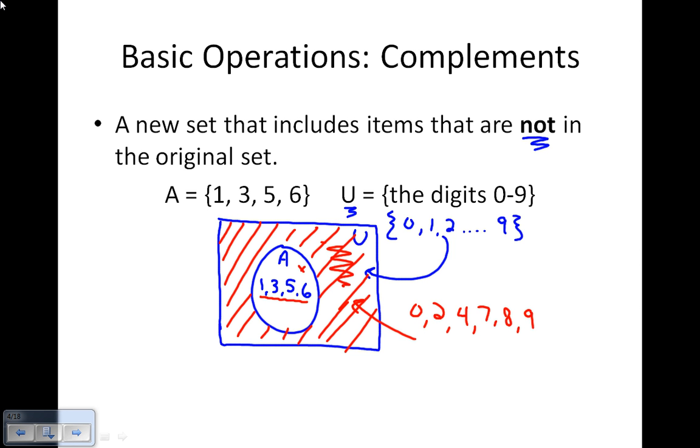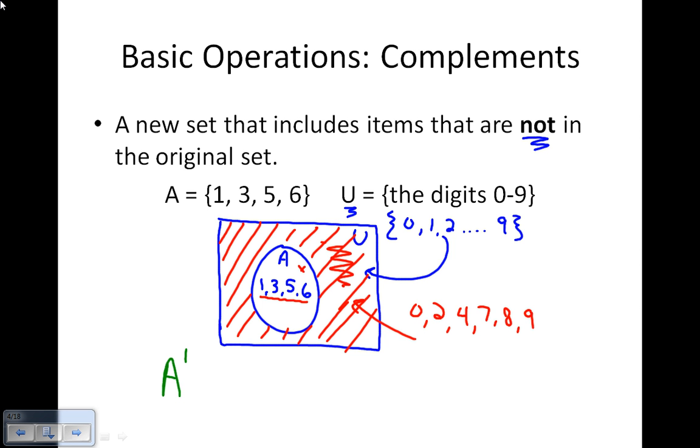The way we write this for the complement, there are different ways. The way we're going to use is called prime. So we're going to write A prime, and that little tick mark is called prime, and it simply means the complement of A. So what is opposite or not inside of A?